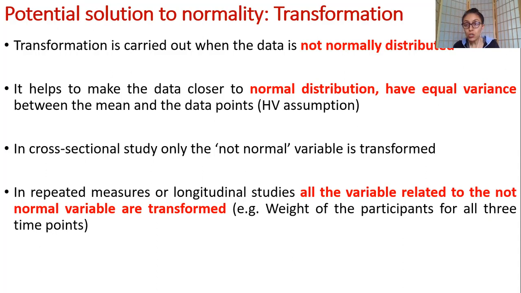Meaning the weight of the participant, you have to transform at 3 months and at 6 months and at 12 months. You cannot just transform the variable at 12 months because that was not normally distributed and leave everything else in its own form. No.